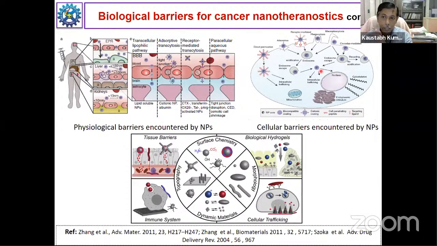The main aim is that it should enter the cells with the nanoparticle and then release the cargo at the intracellular targeted areas, either organelles or the intracellular systems. So for that, we have to consider how to design our nanoparticles to overcome the cellular and physiological barriers.